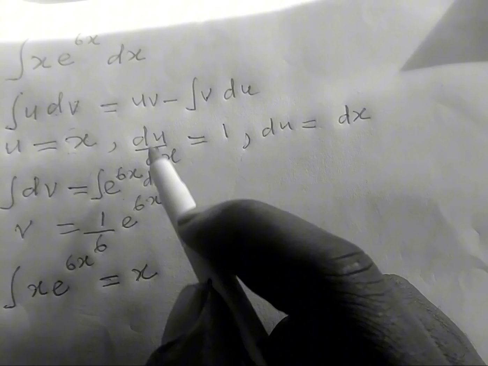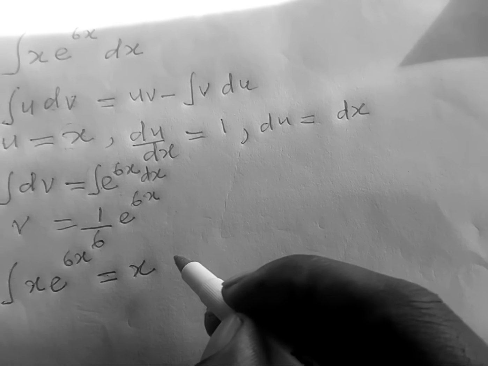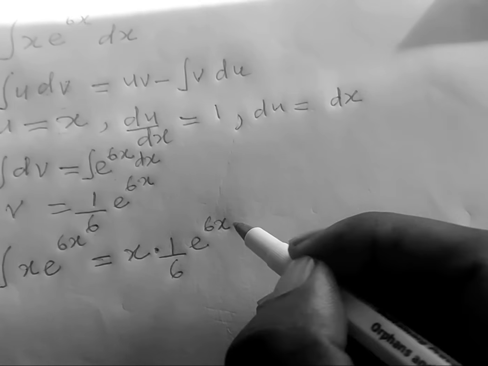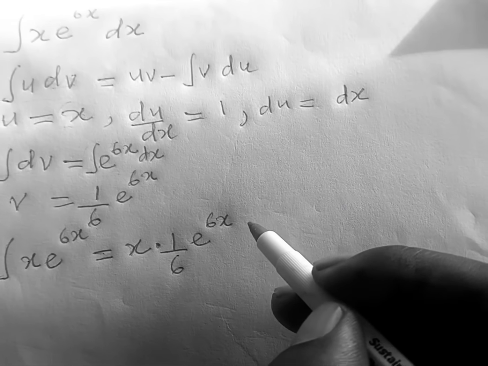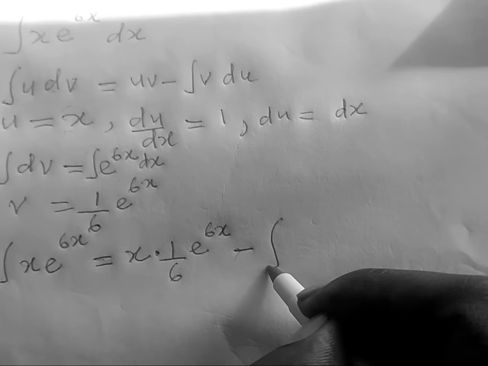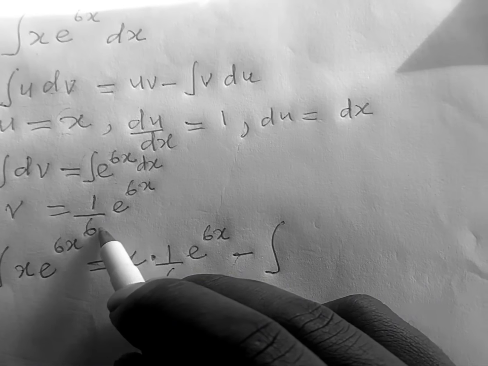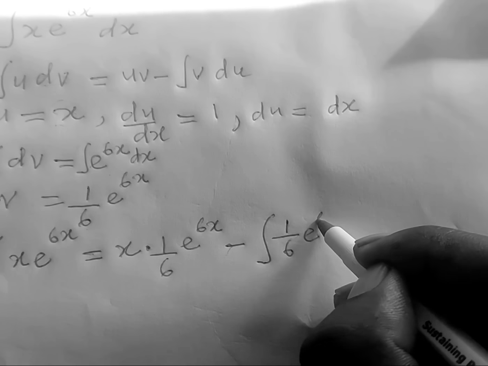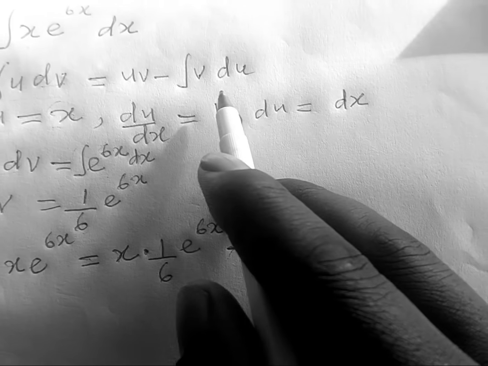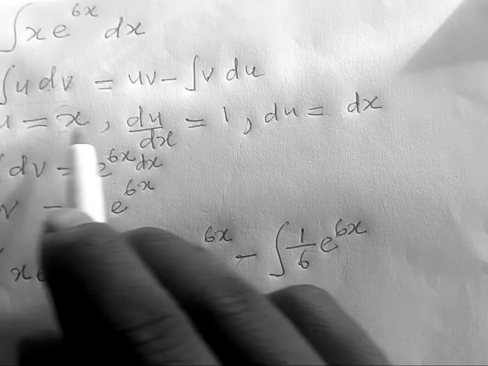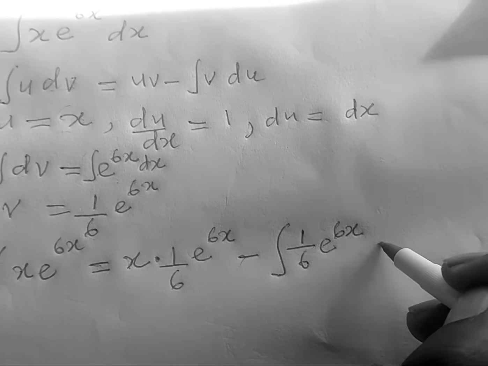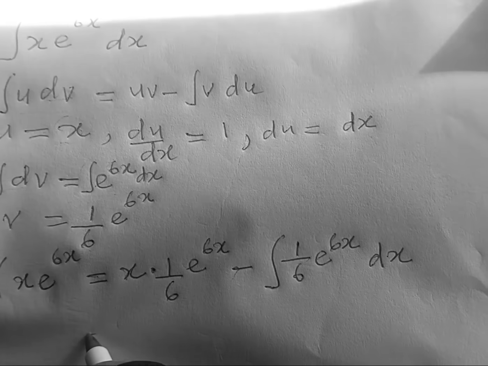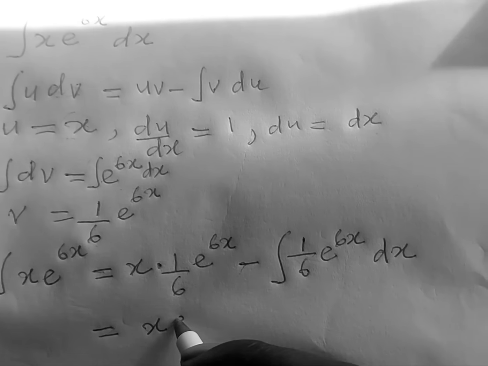We substitute v by 1 over 6 e to the power 6x, minus the integral of v du, where v is 1 over 6 e to the power 6x, and du is simply dx.